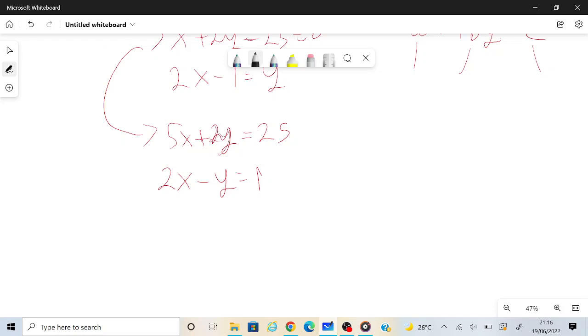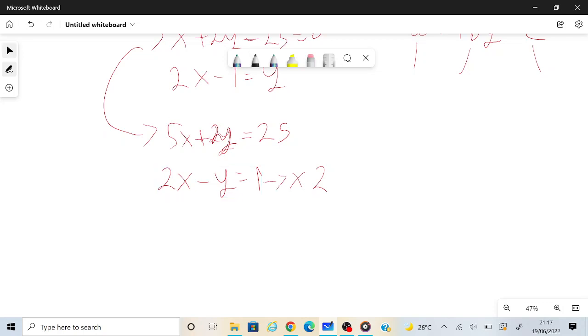Now I'll do both elimination and substitution, so let's start with elimination. There's no term here that's the same, but now we have to see what we can do to one of the equations to get the same thing. I could times my first equation by 2 to get 10x, and then times this by 5 to get 10x. But why do that when I can just do this equation times 2?